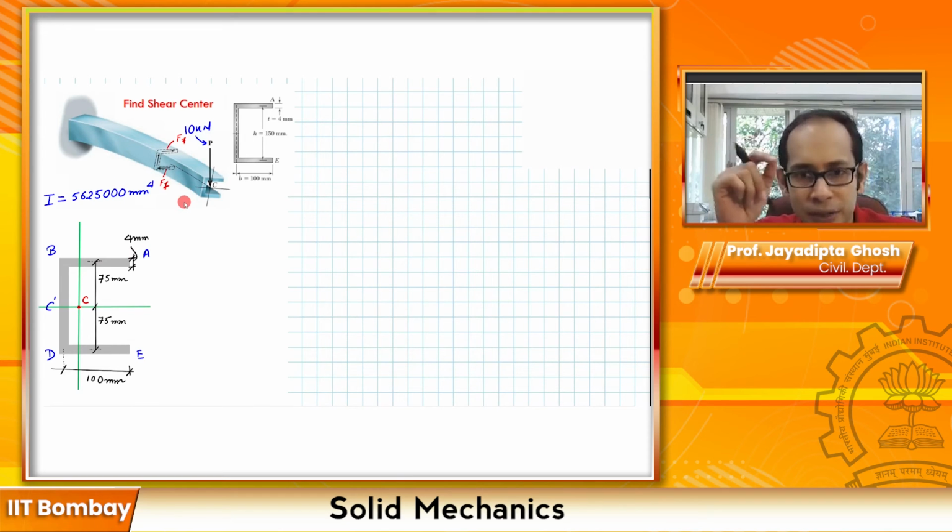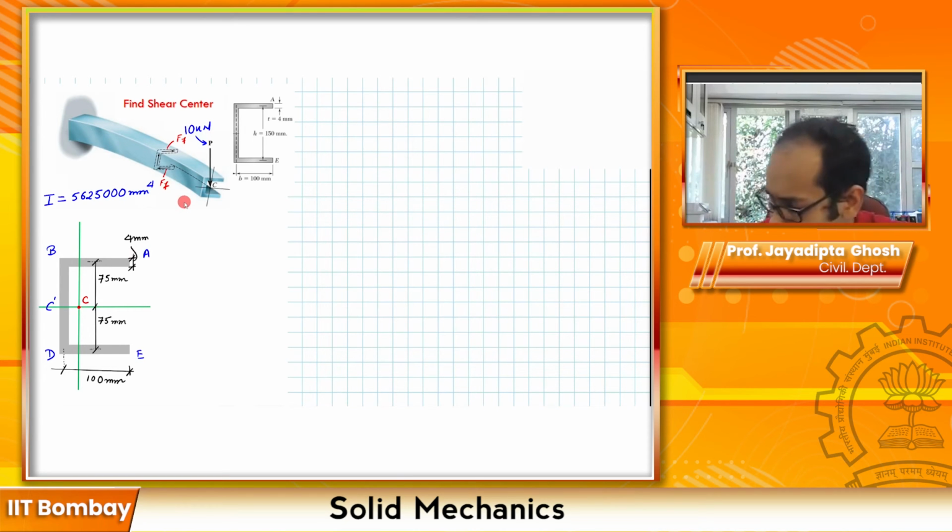The overall direction of the shear flow is going to be somewhat like this: smaller arrows, to bigger arrows, to big arrows, then maybe a bigger arrow over here, and so on. So something like this is going to be your overall direction of shear flow.